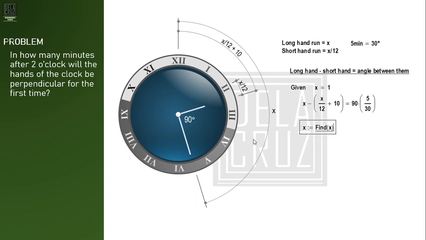So yung x natin dyan, that is the minutes, no? After 2 o'clock. From 0 until x minutes. So that is equals to 27.273 minutes. Yan lang. Ganon siya ka-basic. Okay? So this is our answer.